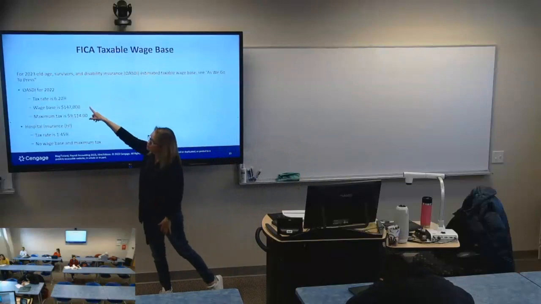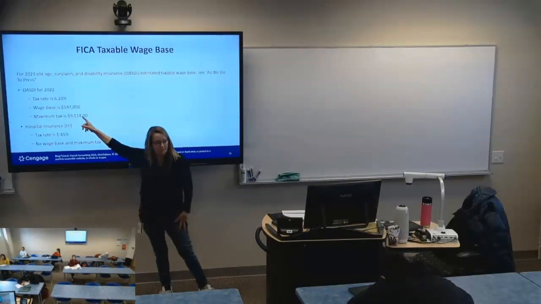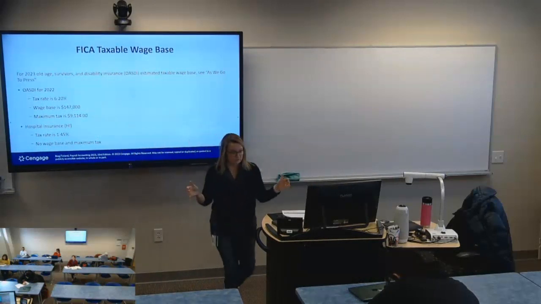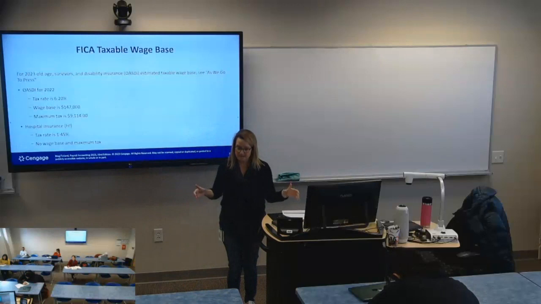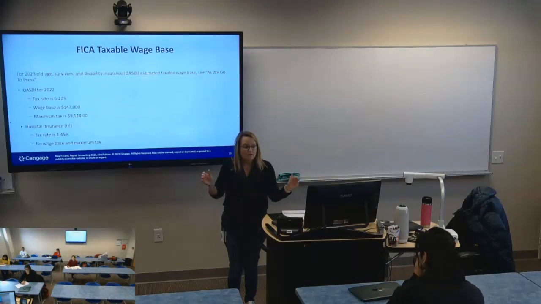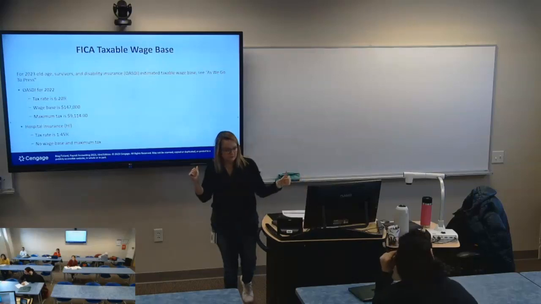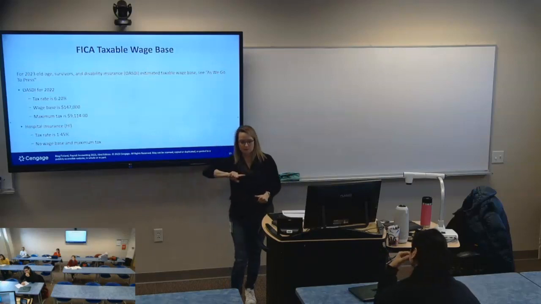For the Social Security part of FICA taxes, however, it's only the first $147,000 that is subject to tax per year, per individual. So if you make $147,001, $147,000 of your income is going to be subject to Social Security tax, but that extra dollar is not.